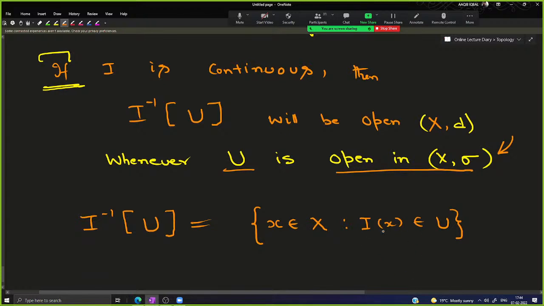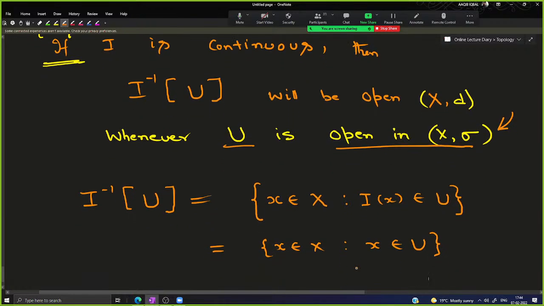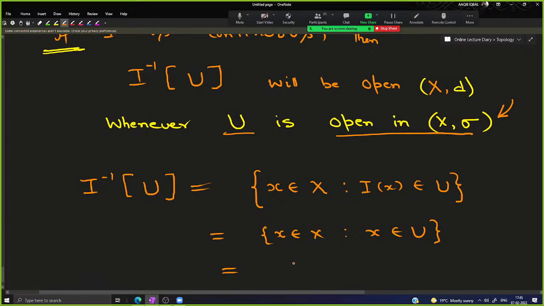But what is I image of x? It is actually x, because I of x is x. So this set is same as the set of those elements of x such that x belongs to u. And what is this set? अगर आप इसे देखेंगे, this is nothing but u. So that means I inverse of u is actually u.